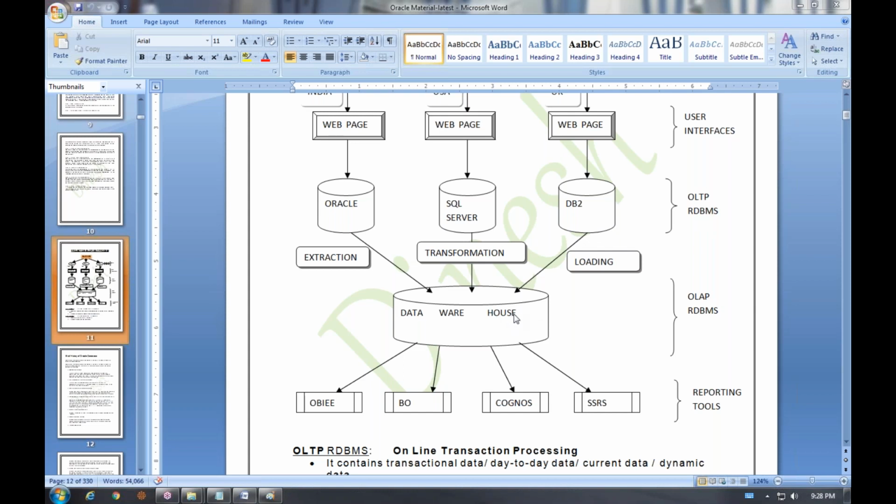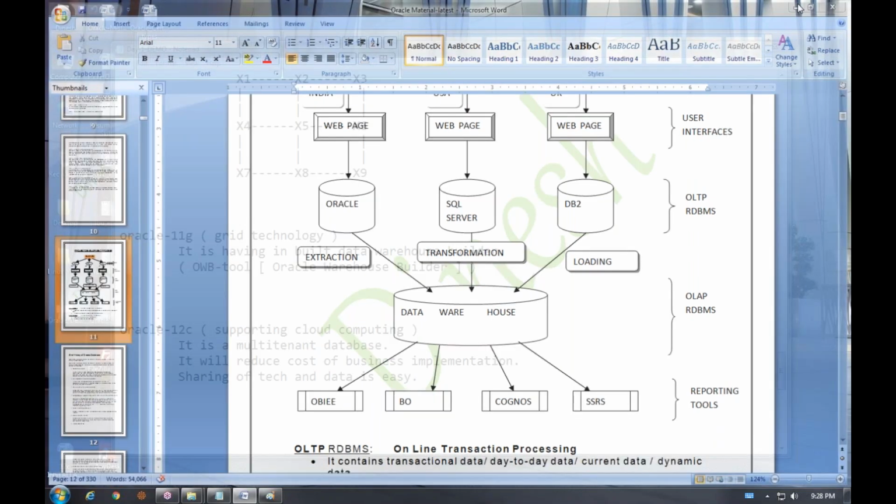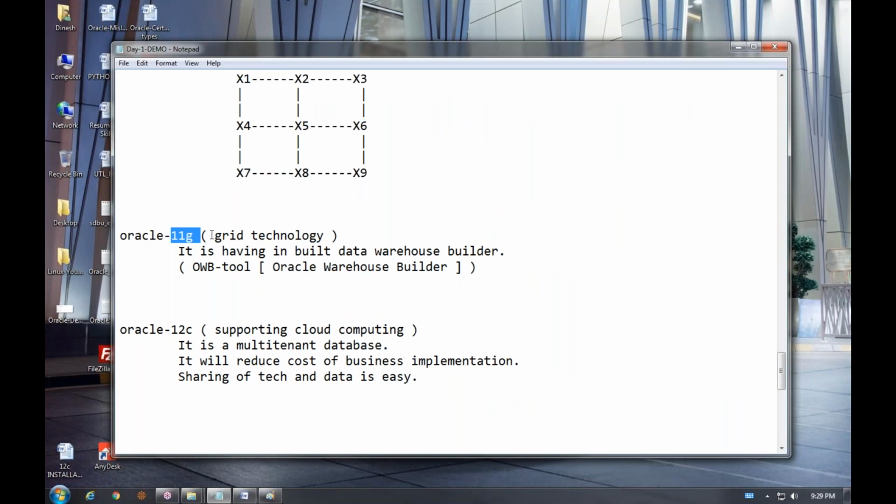OLAP is always one only, not different. Hope you understand, Saket. Right. So, what is the specialty of 11G? You can set up 11G as OLTP as well as OLAP RDBMS.